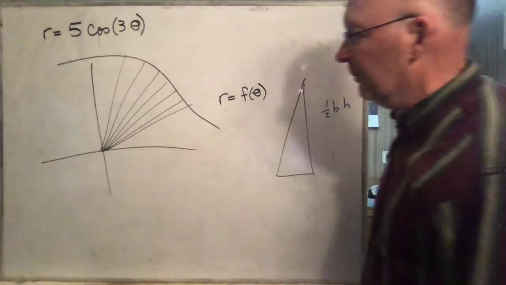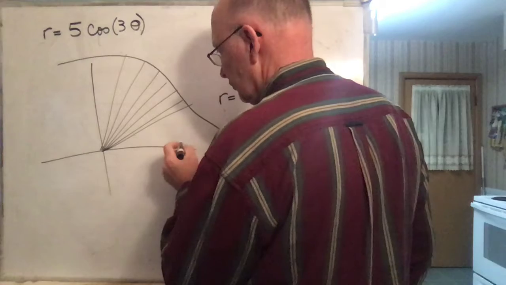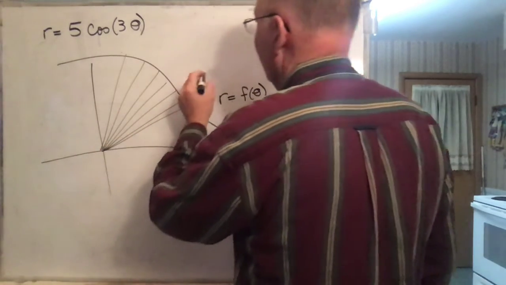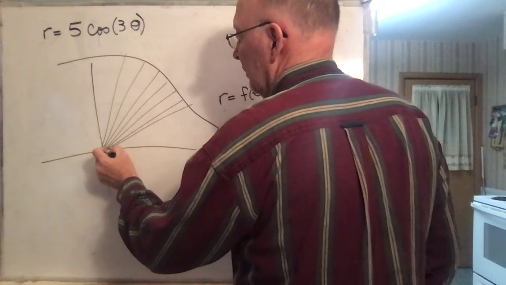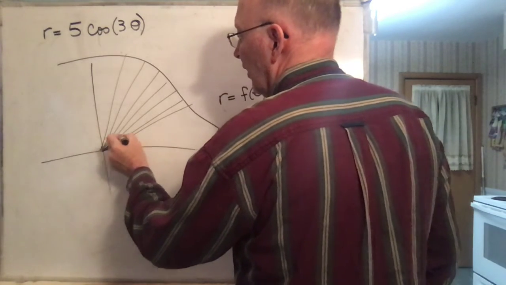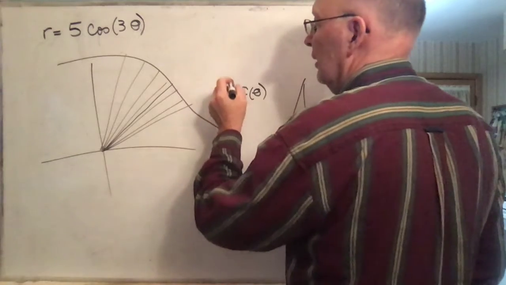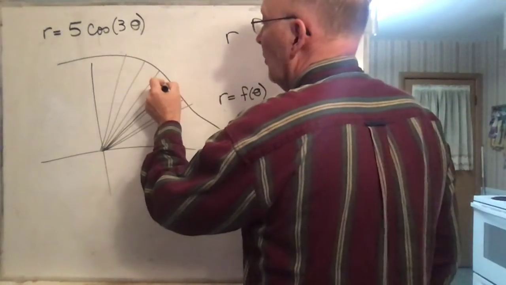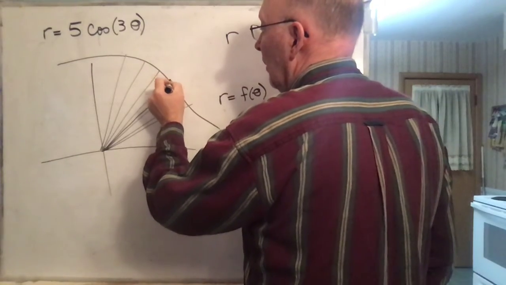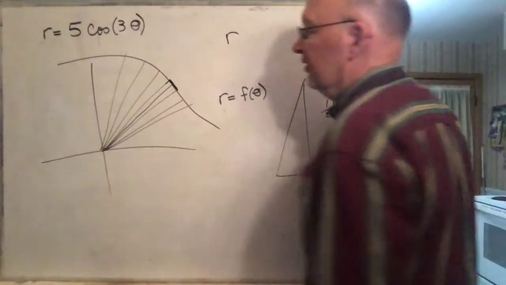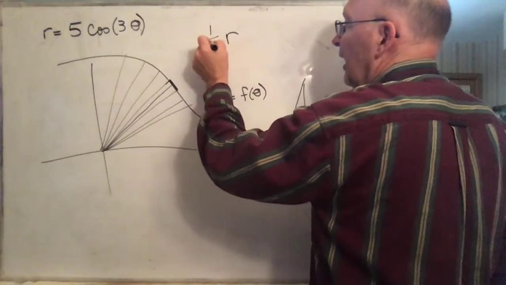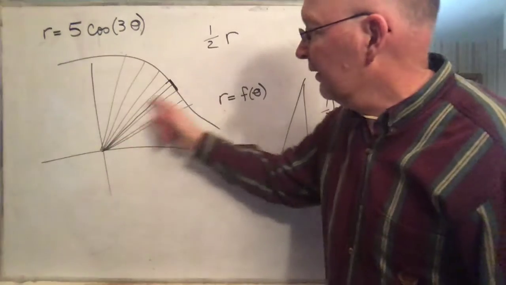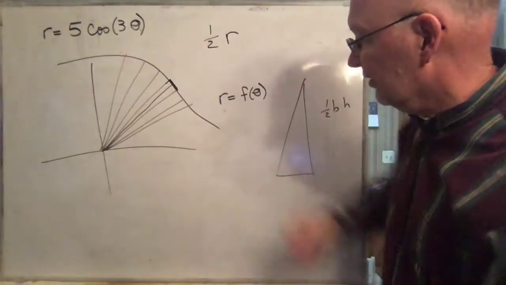And so we're going to do something similar here. We're going to say, okay, for a particular theta here, the height is going to be r, and now I have to multiply that by this base. First of all, it's going to be 1/2 the height times the base. So here's 1/2. There's the height of it. And now what's the base?